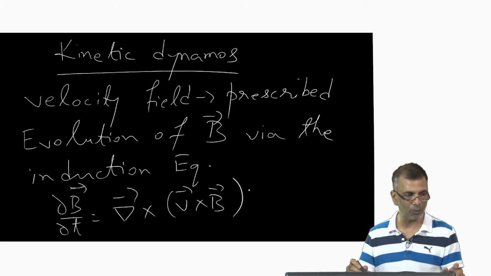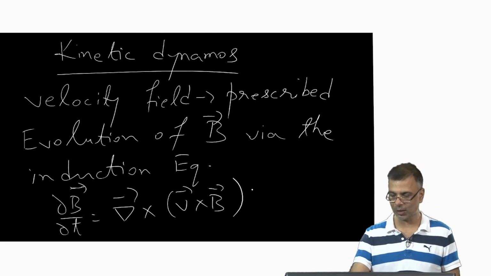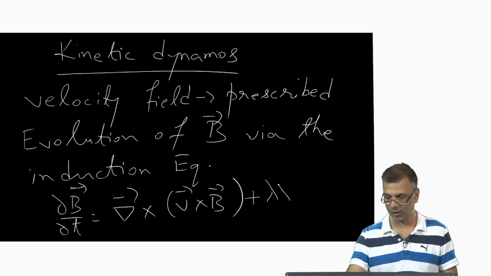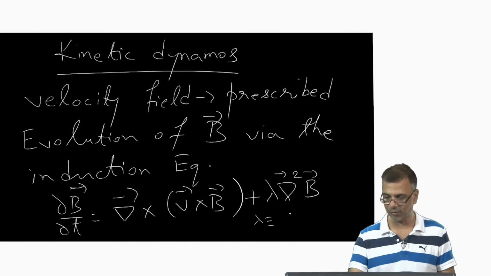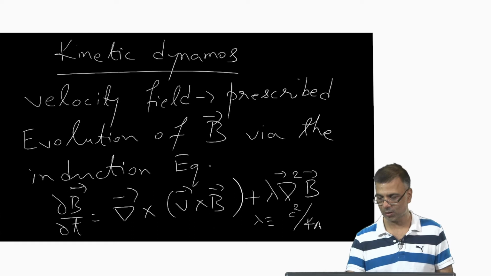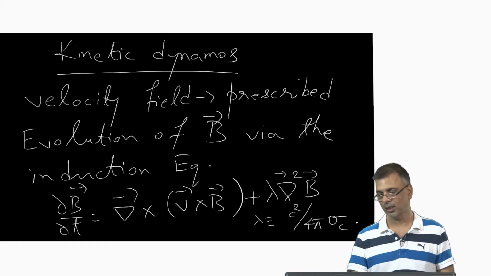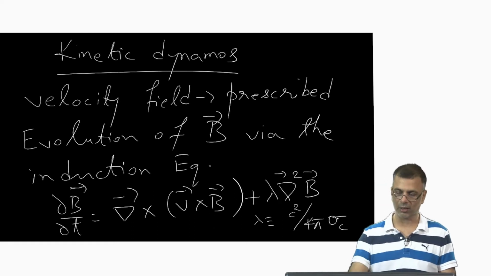No matter what you do, there is always a resistive term of this kind, where lambda is related to the conductivity. All this is in CGS, mind you. So, lambda is c squared over 4 pi sigma, where sigma is the conductivity.